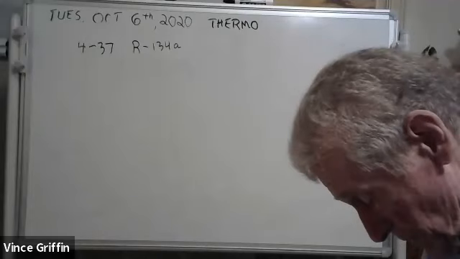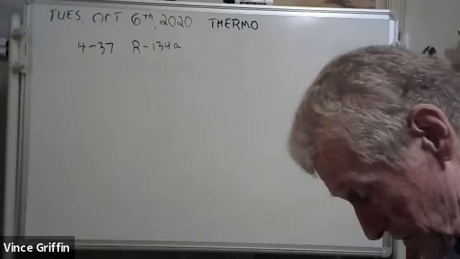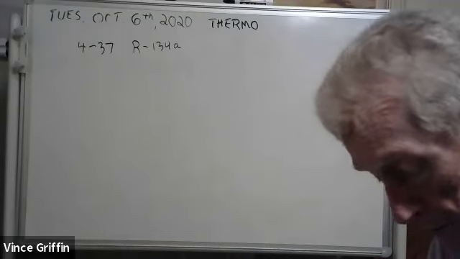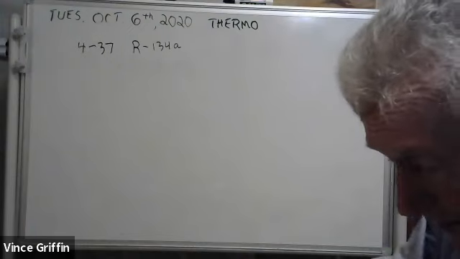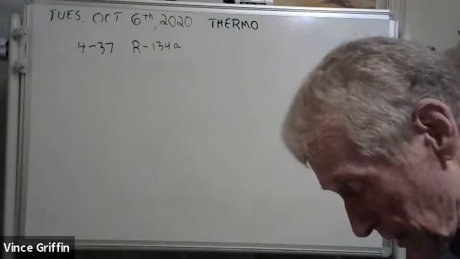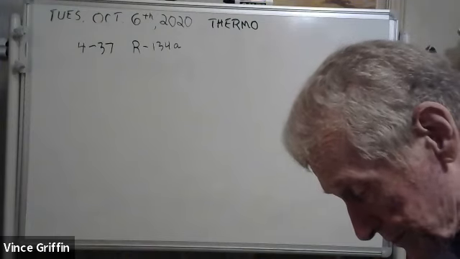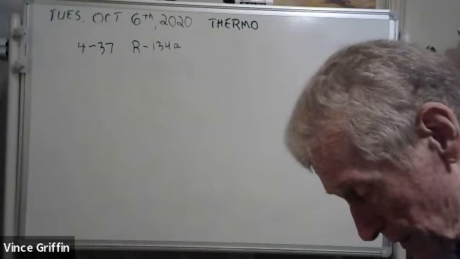Sorry, I erased my first law now because this one has a heat loss. See, compressors get hot and they'll radiate heat out into the environment. And this one's radiating 40 kilowatts out into the environment. They give us the work and they want the mass flow rate.